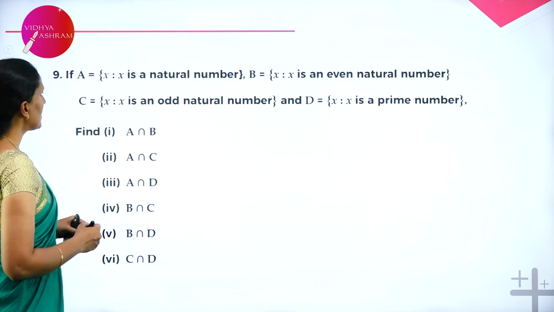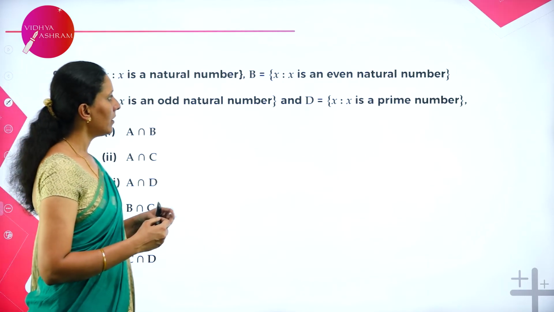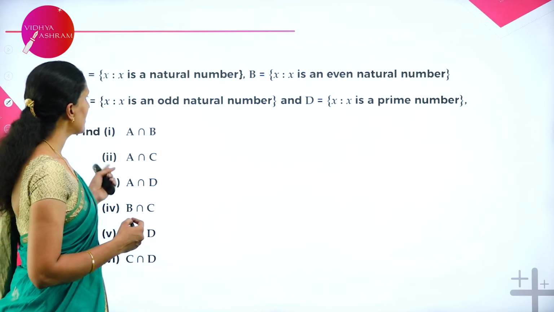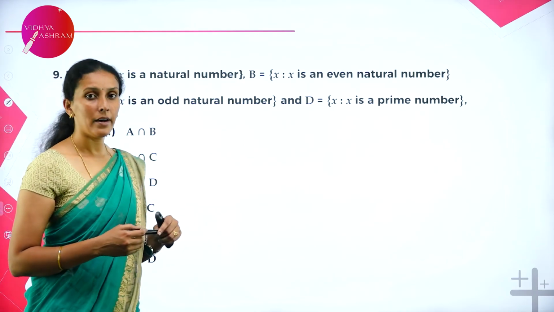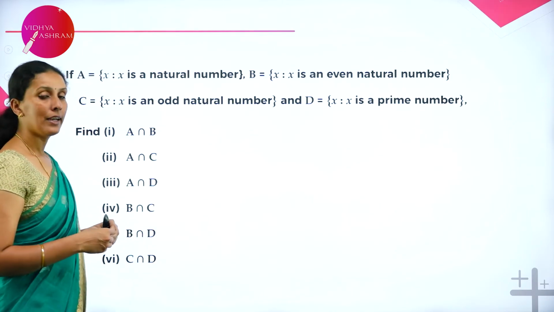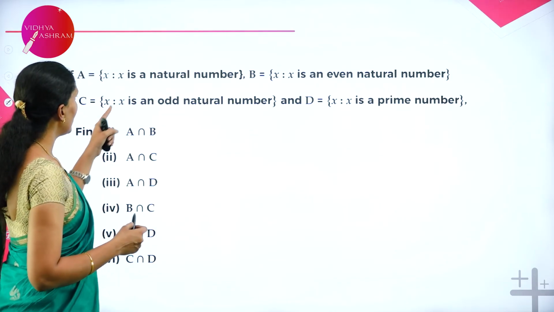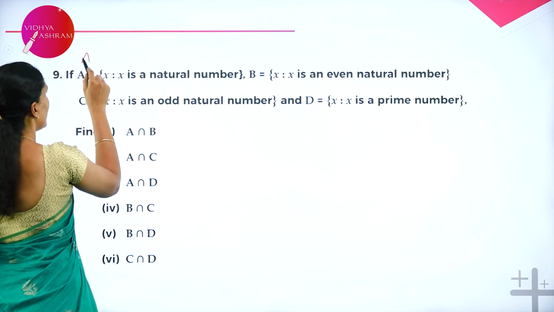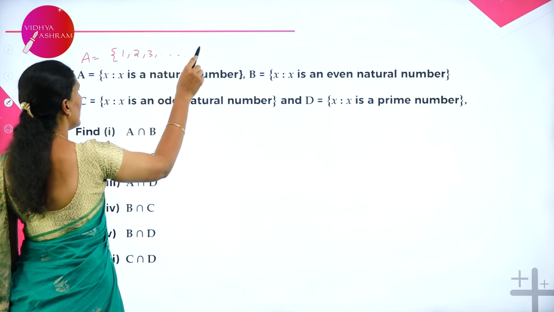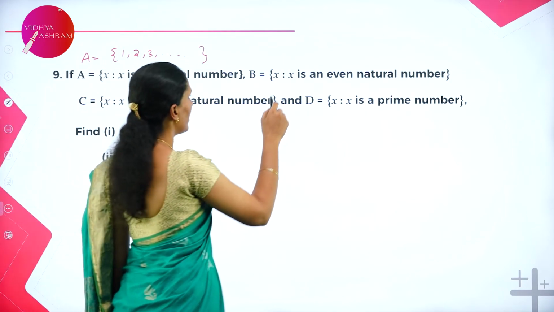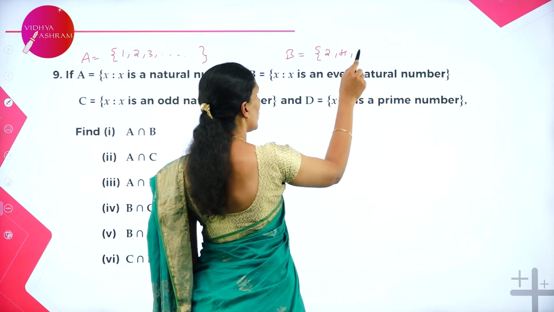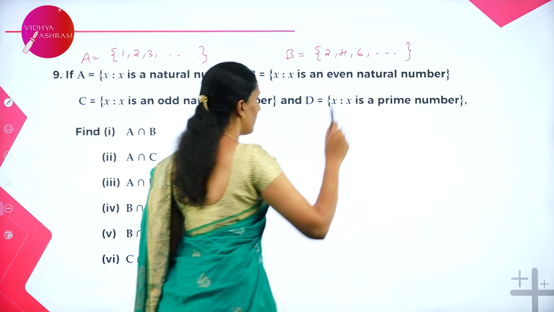Next, A is the set of natural numbers, B is the set of even natural numbers, C is the set of odd natural numbers, and D is the set of prime numbers. We need to find the following. When I say A is the natural numbers, obviously it has all the numbers until infinity. B is only the set of even numbers until infinity.